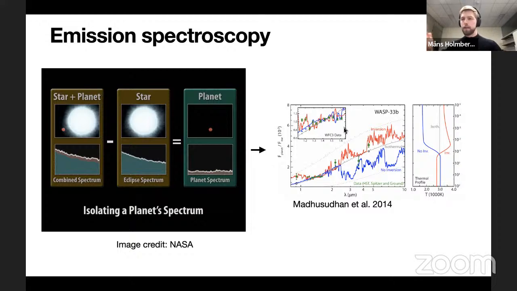We can say how hot it is, and we can also even say how hot it is at different depths in the atmosphere. And that is crucial because that will teach us about what kind of chemistries can be happening in these atmospheres. And together with the spectral lines, this gives us a lot of information.